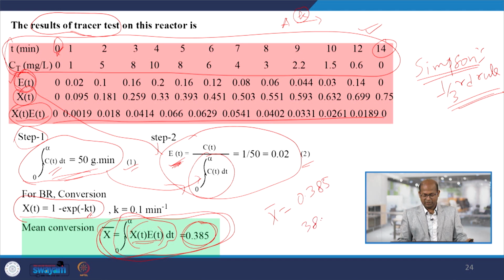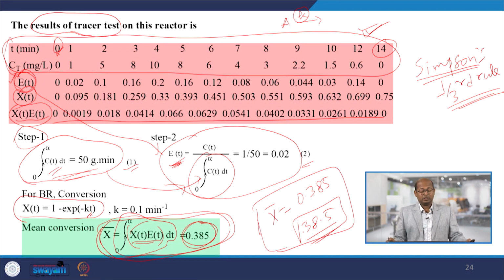So, if we conduct the reaction in the particular reactor where that tracer test was conducted and this data was obtained, using the segregation model we get 38.5% conversion.